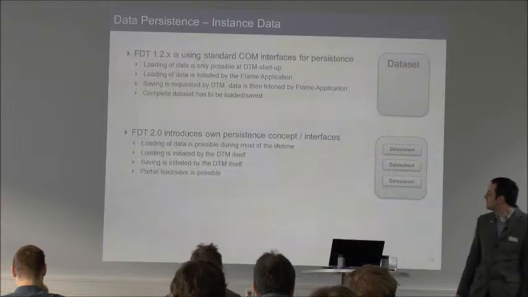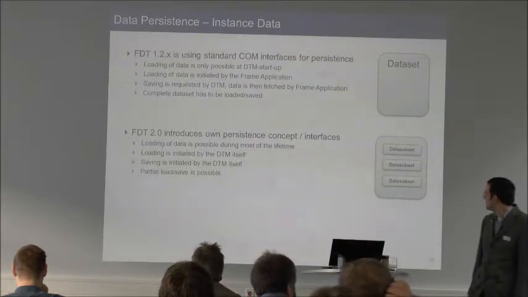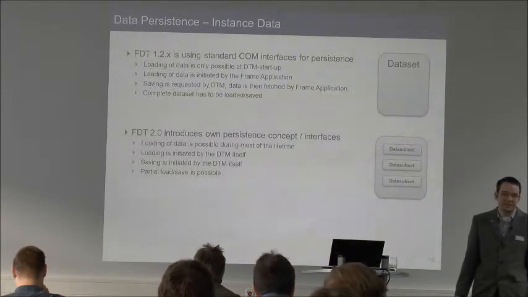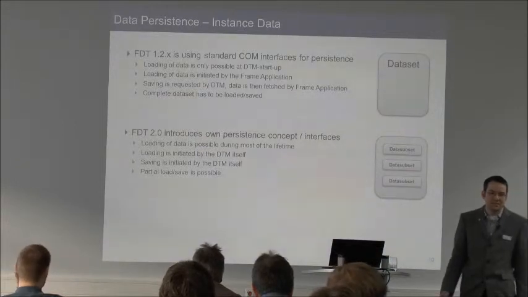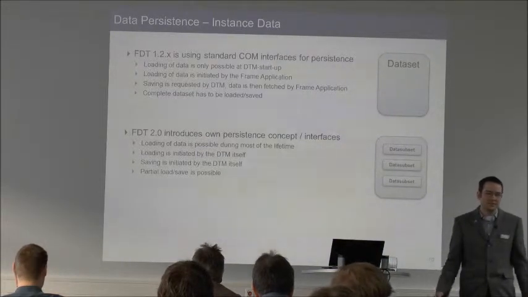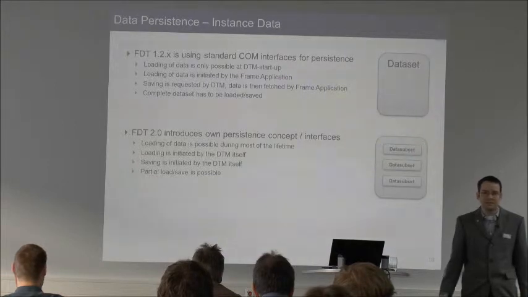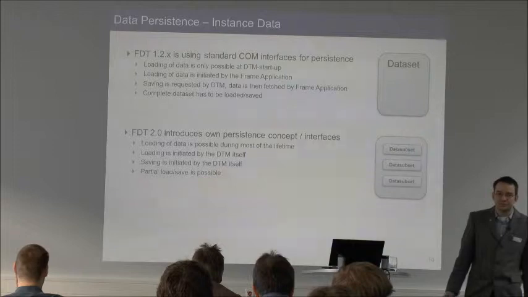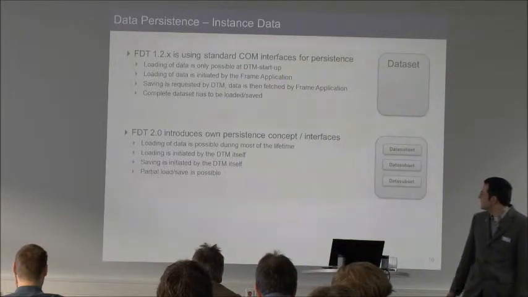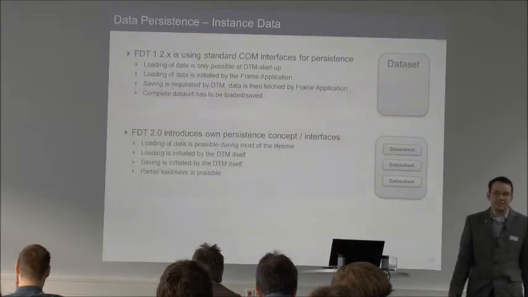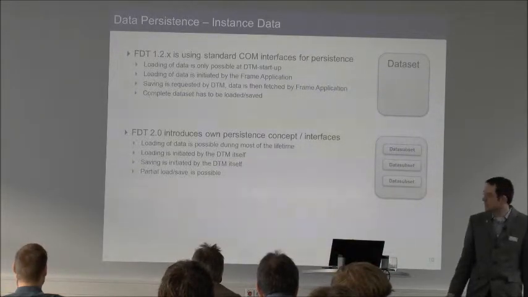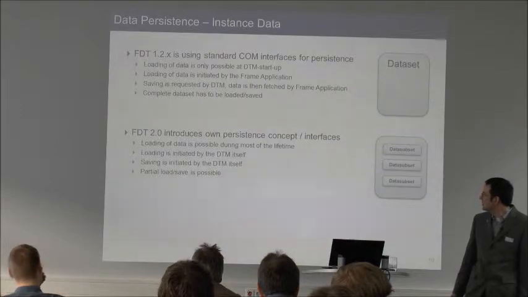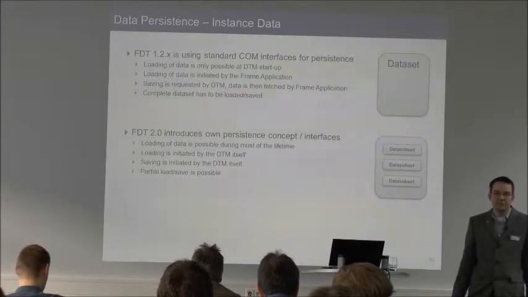In FDT2, it's possible to have data subsets, so it's not necessary anymore that the DTM loads all data, and a DTM can also save only a data subset, so it's not necessary anymore to save the full data. That's a big improvement in performance and also in loading time.